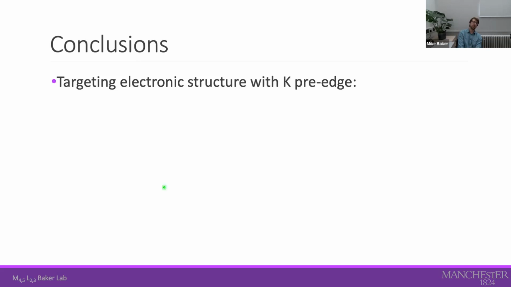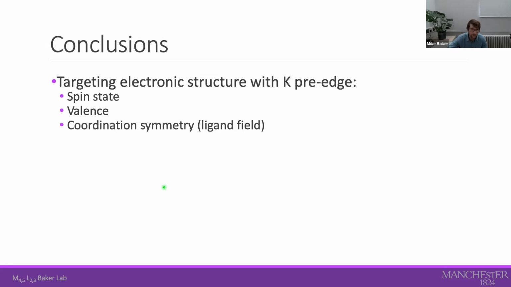Okay, so coming to the conclusions. What I would say is we can use for the first row transition metals, the K pre-edge to target electronic structure. I've shown that there is a strong sensitivity to spin state, so whether your system's high spin or low spin, a sensitivity to the valence and number of electrons in the 3D shell, and strong sensitivity to coordination symmetry, although I focused mainly on the case of octahedral coordination environment for simplicity.